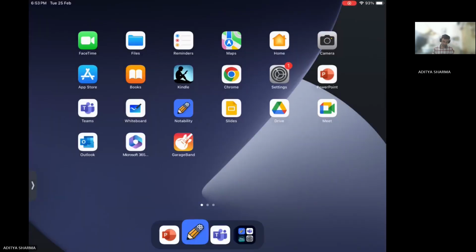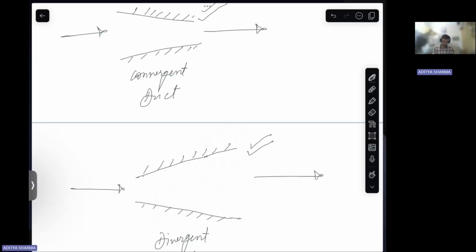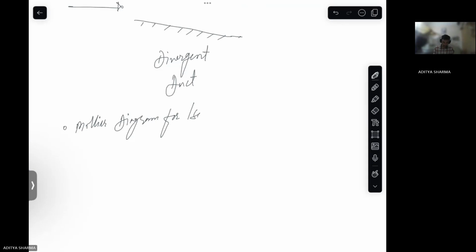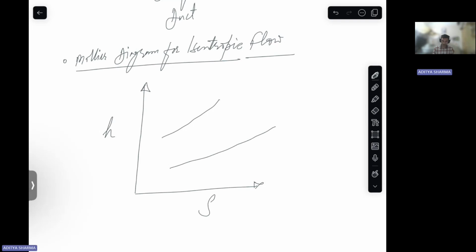Then the subtopic here is the Mollier diagram for isentropic flow, which is the HS diagram. We will draw two constant pressure lines.